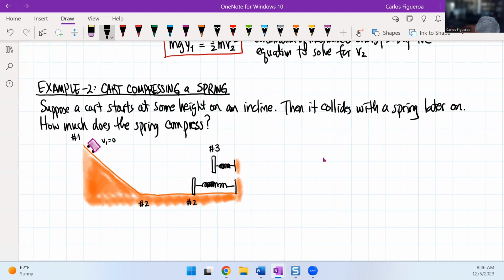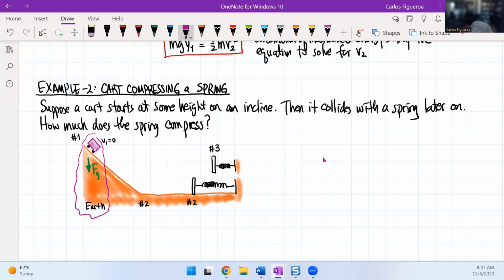So when I look at this system, what do I see here? One, I have the Earth down here. So if I take my system and I include Earth, then the only force acting here is the force of gravity. The force of gravity will not change the mechanical energy of the system.